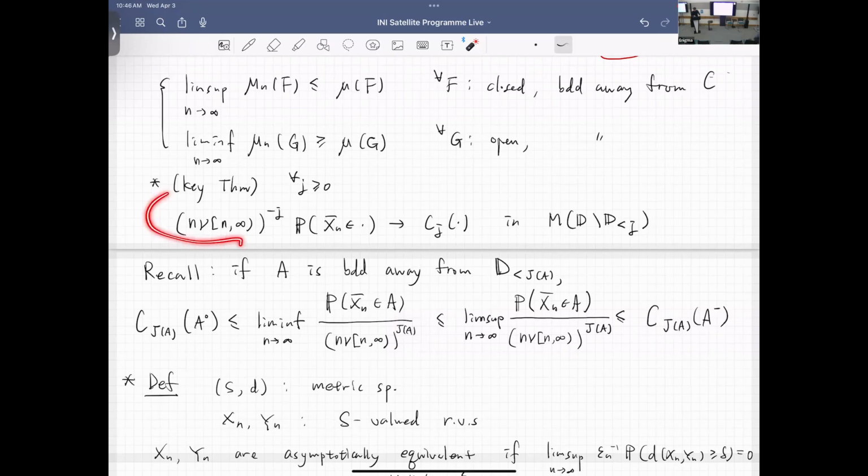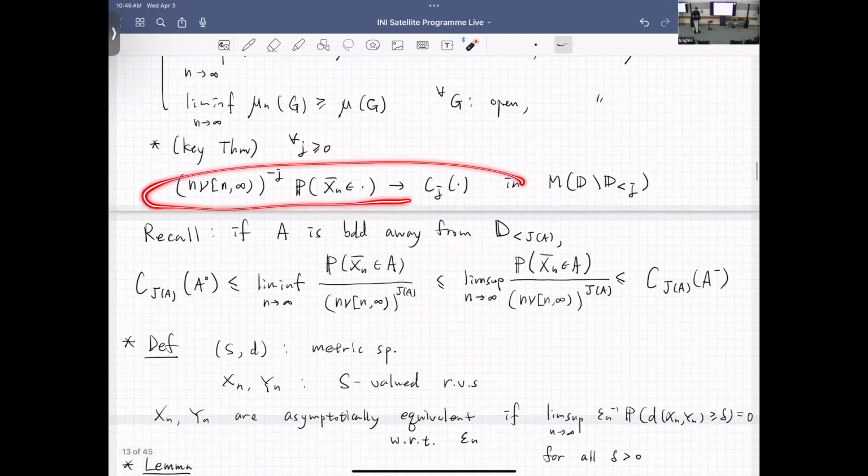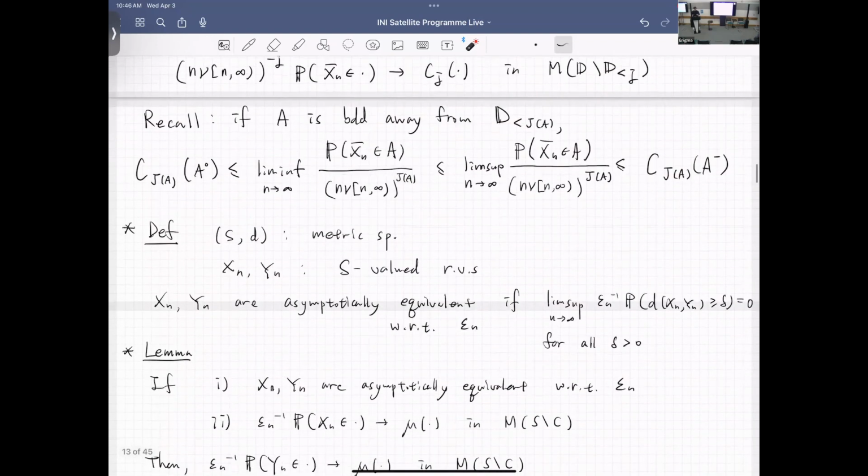Once you have this, then this is a corollary. So how do we prove this? Exactly through the asymptotic equivalences.